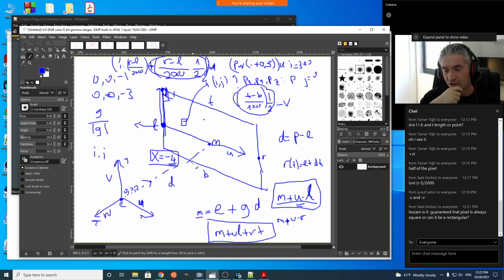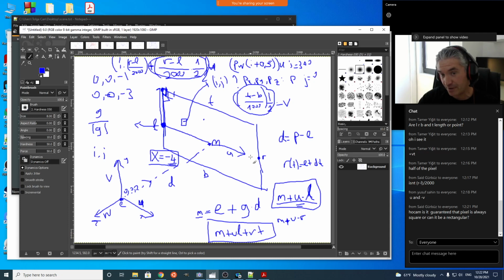A very good question. Is it guaranteed that the pixel is always square, or can it be rectangular? Actually, it can be rectangular. It's about the aspect ratio of the boundaries. For example, our boundaries from -2 to 2 and -4 to 4, the aspect ratio matched exactly the resolution 2000 by 1000.